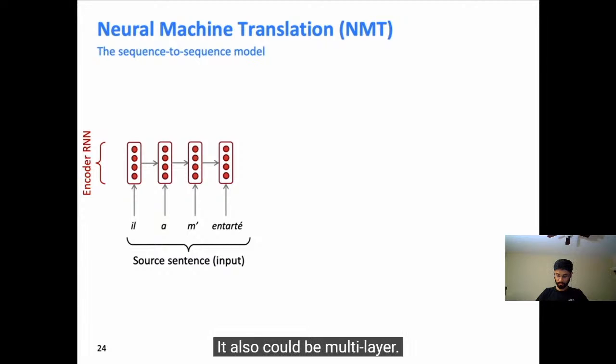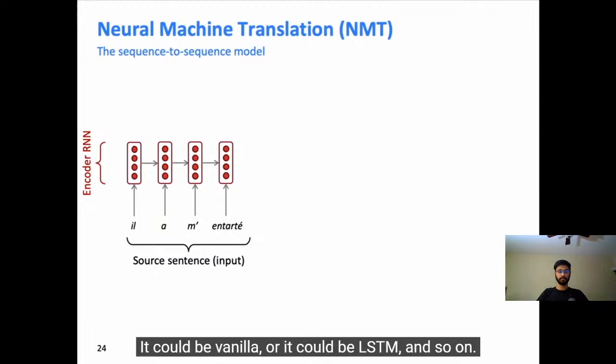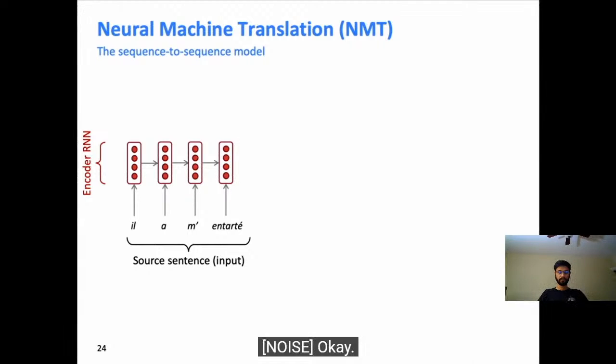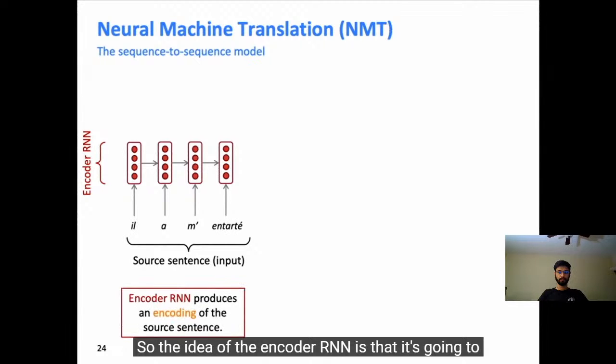It also could be multi-layer, it could be vanilla, or it could be LSTM, and so on. Another thing to note is that we are passing word embeddings into this encoder RNN, but I'm just not explicitly depicting that step. Okay, so the idea of the encoder RNN is that it's going to produce some kind of encoding of this source sentence.